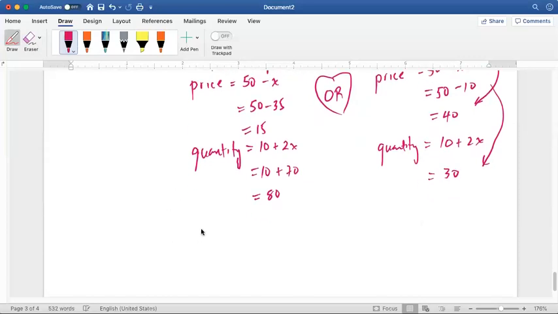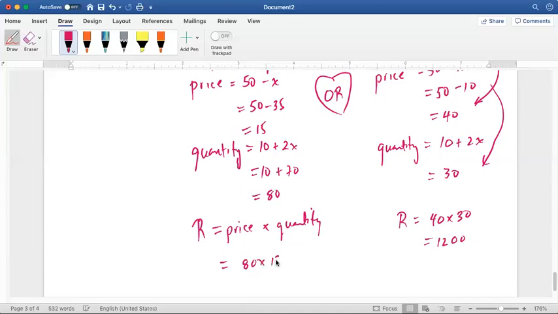If we double check our revenue, revenue is price times quantity, do we get 1200? I do know for this one we do right away. 40 times 30 is 1200, but is 80 times 15 1200? In fact, it is, because 80 times 10 is 800, and then 5 times 80 is 400. Add them, and that's 1200.